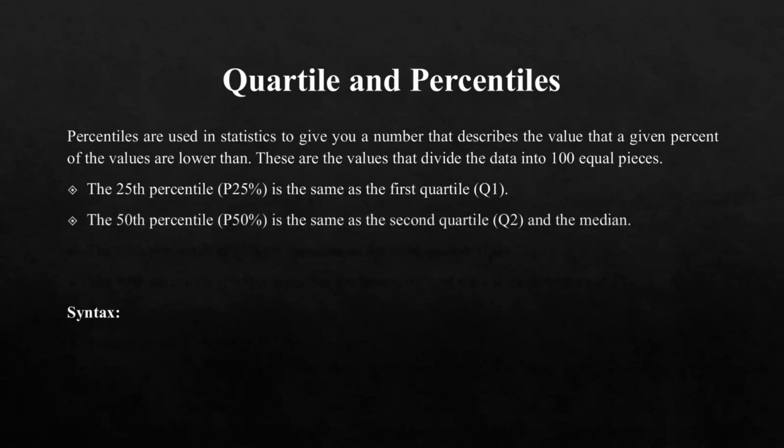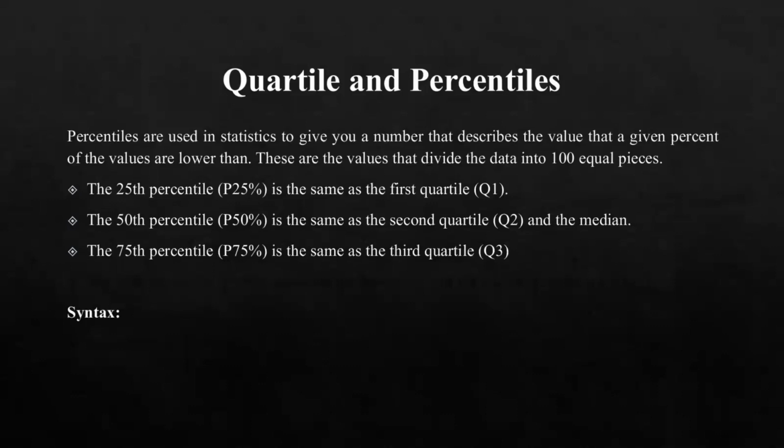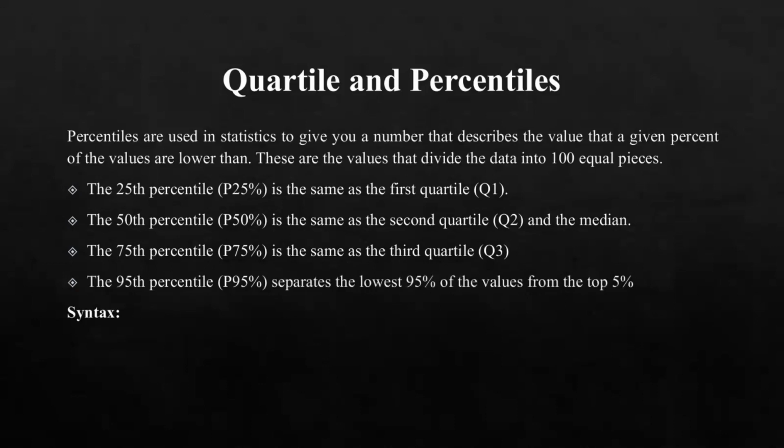The 50th percentile is the same as the second quartile and the median. The 75th percentile is the same as the third quartile, which is Q3. The 95th percentile separates the lowest 95% of the values from the top 5%.